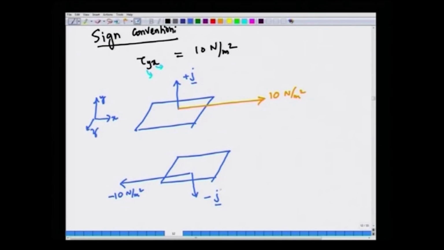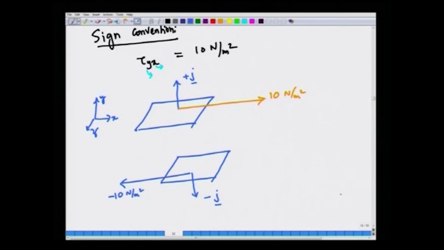So, tau y x being 10 Newton per meter squared either means that a force of plus 10 Newton per meter squared is acting on a surface whose unit normal is in the plus y direction, or it also means that a force of magnitude 10 Newton per meter squared is acting in the minus x direction on a surface whose unit normal is in the minus j direction.